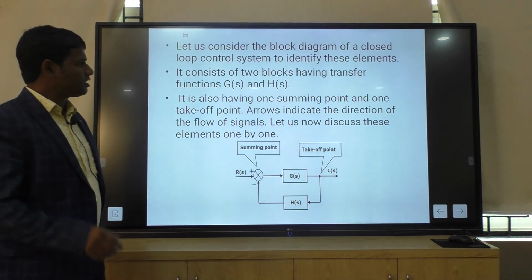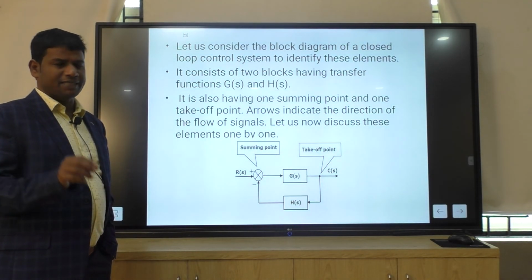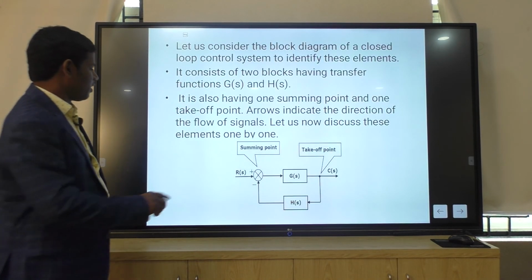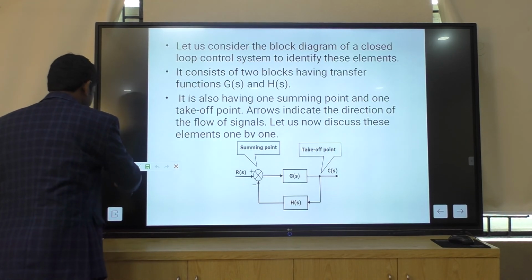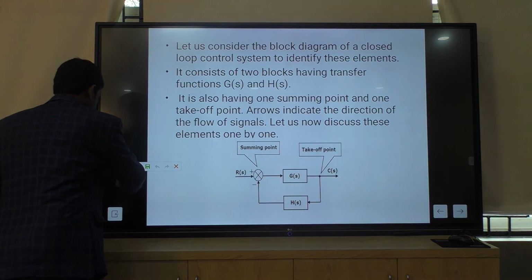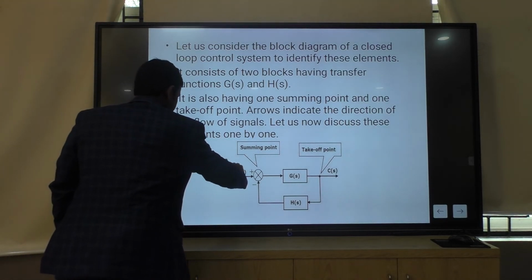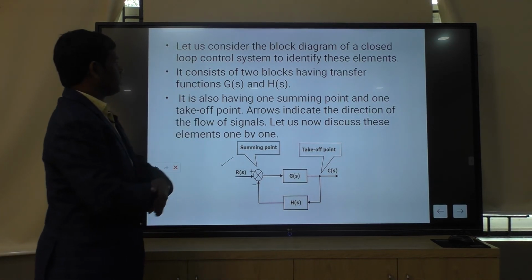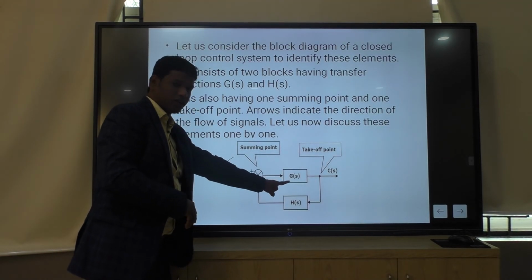Now let us consider a block diagram where all the basic elements are explained in detail. I consider a closed loop system here. This closed loop system consists of two blocks.